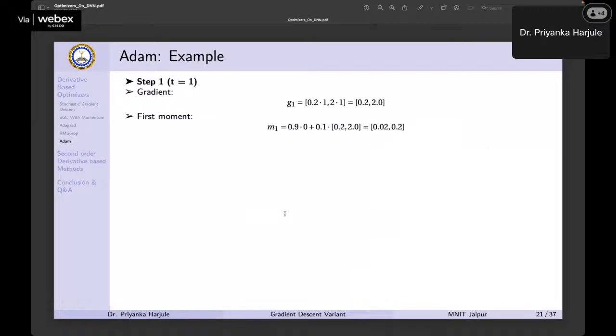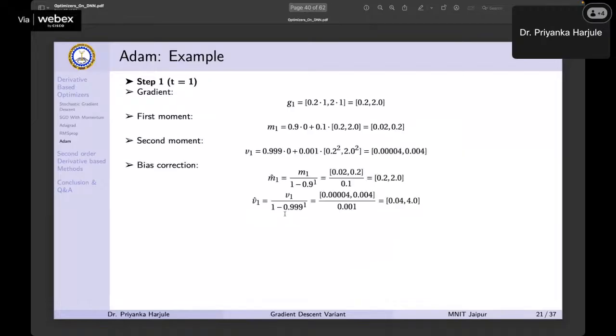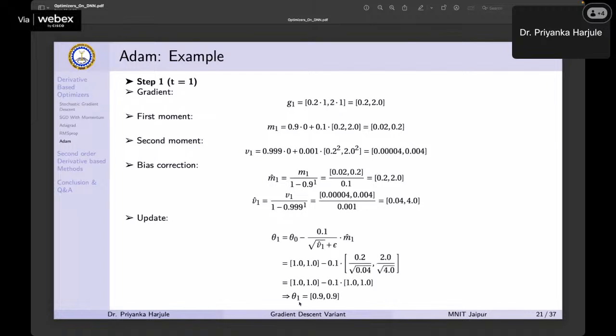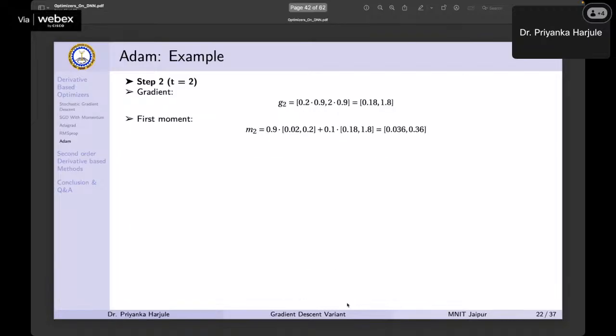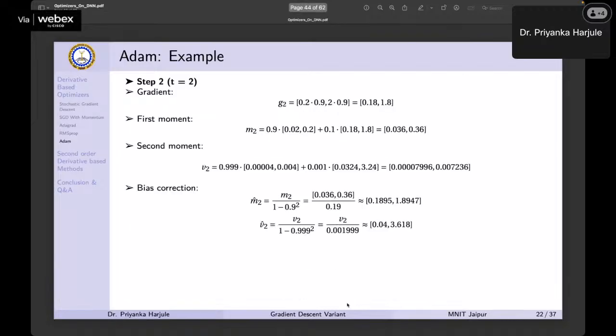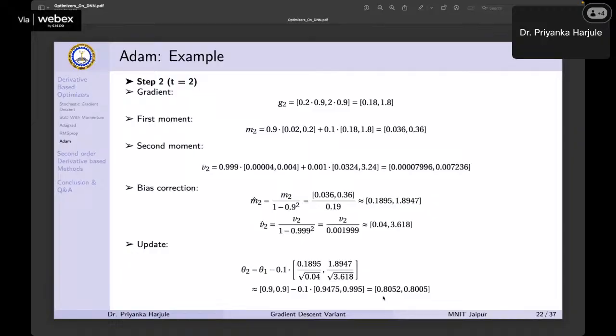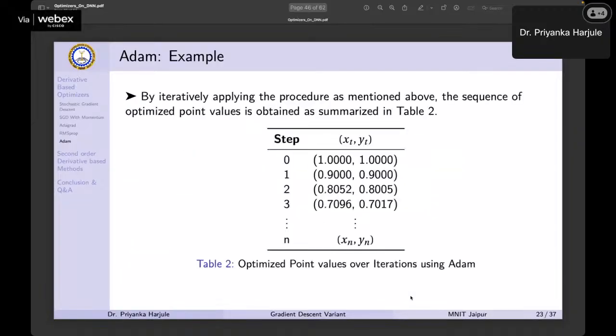When we find the gradient, the first moment, and the second moment after the bias correction, we get the update to be 0.9 and 0.9. Similarly, for t equal to 2, we get the update to be 0.8 and 0.8. So by iteratively applying this procedure, you get these updates.